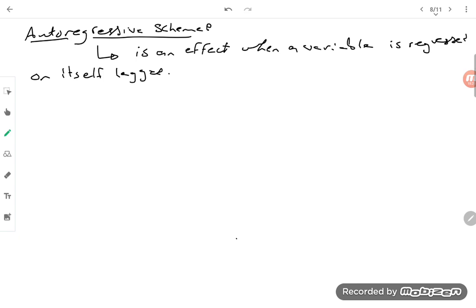Or in other words, if the variable is regressed on its lagged one period variable, this is known as first order. So if you regress y at time t on y t minus 1, this is a first order autoregressive scheme.